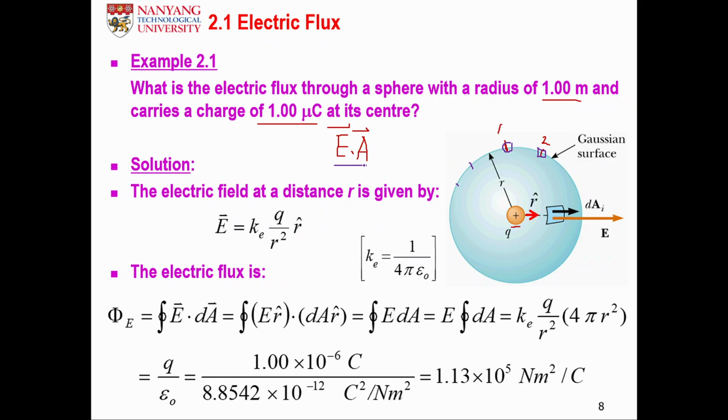And if this is the case, what we need to do is, first of all, create a tiny surface, like this kind of tiny surface, and assume the surface area is dA. If we can find out the electrical field E within this surface area, then the dot product will give us the flux through this tiny surface.